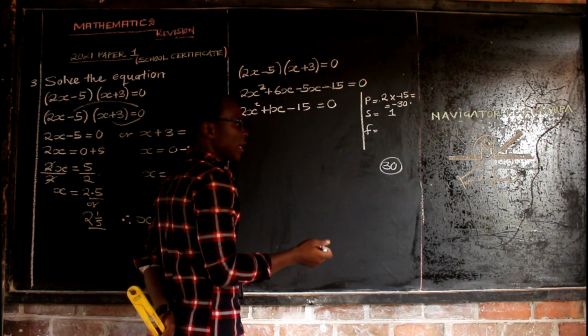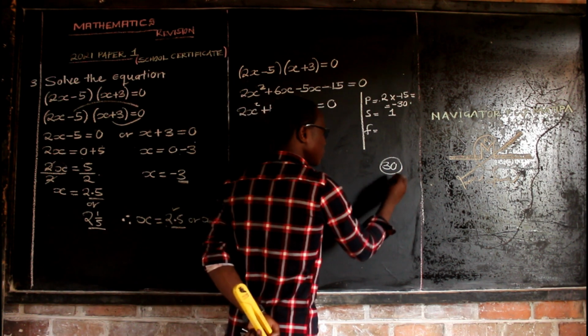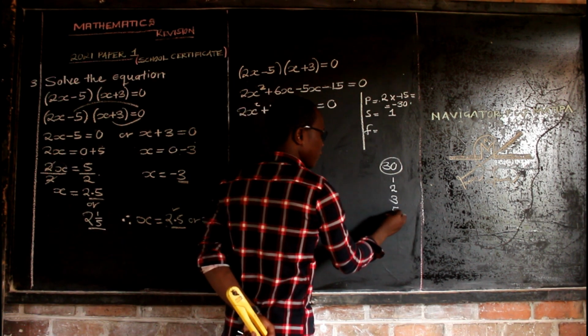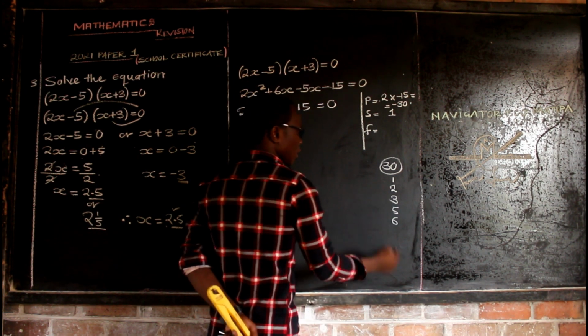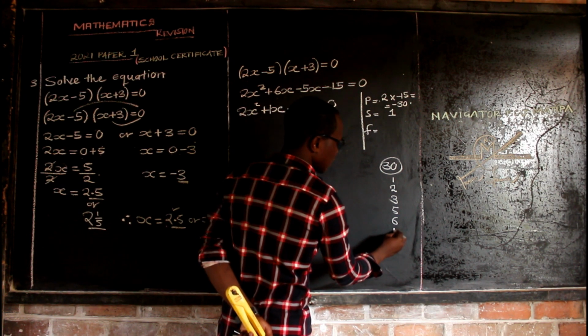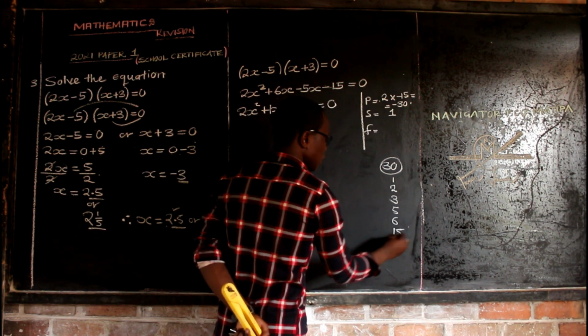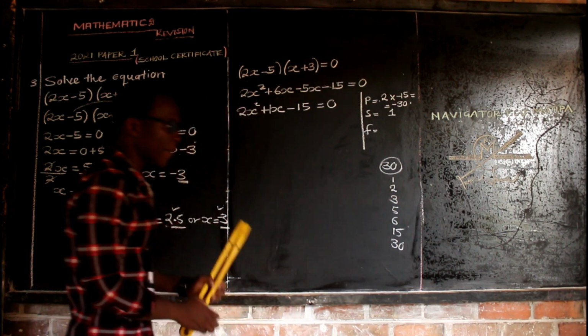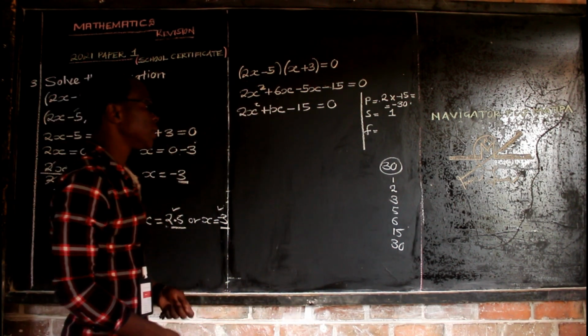So 30 has got a lot of factors. It has got 1, 2, 3, it has 5, 6, 15. Then it has 30. So these are some of the factors of 30. Yes, numbers that can go into 30 without leaving a remainder.